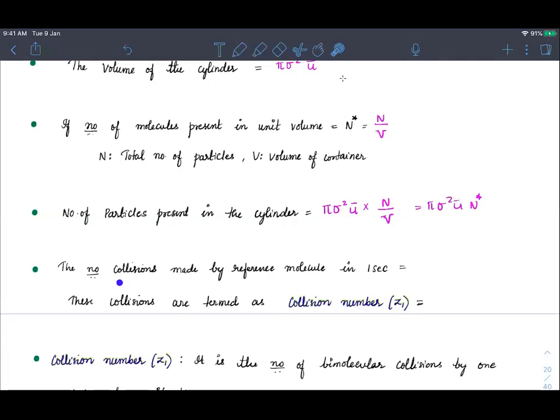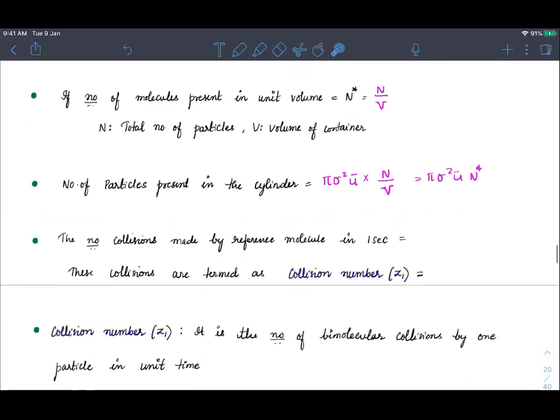So therefore, the number of collisions made by the reference particle in 1 second, how much will it be? Whatever particles are present in that cylinder, the reference particle will hit all of these particles. So pi sigma square U bar into N star.